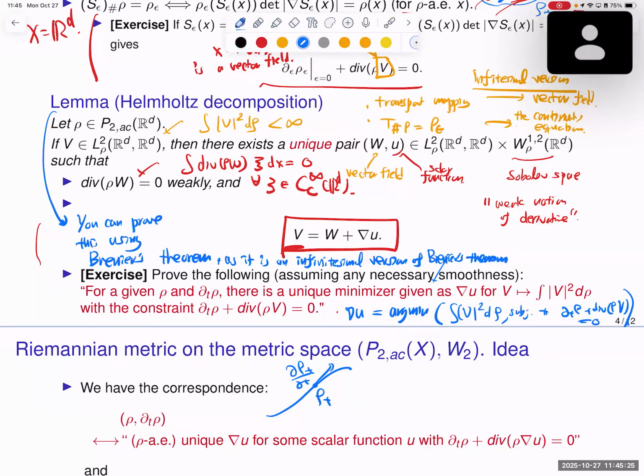Here I'm just assuming rho is the rho at the initial time, and then you move it with some rho t, and this partial t rho is just that initial derivative at t equals 0. So we have some given rho distribution. We can consider the initial change of the density along some curve of measures.